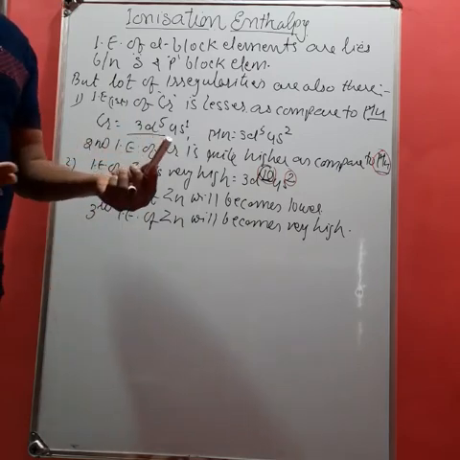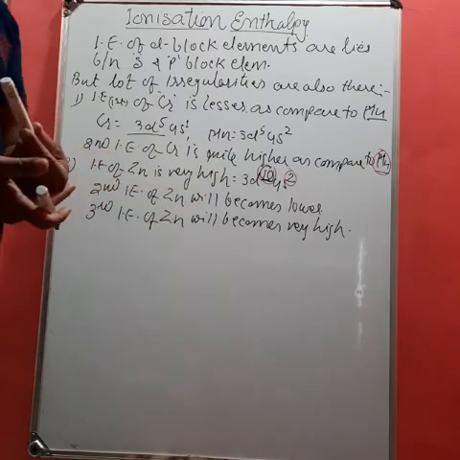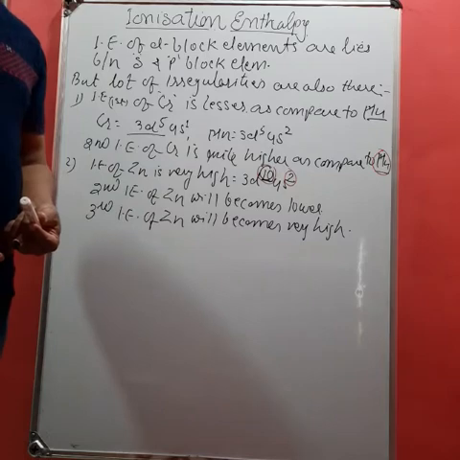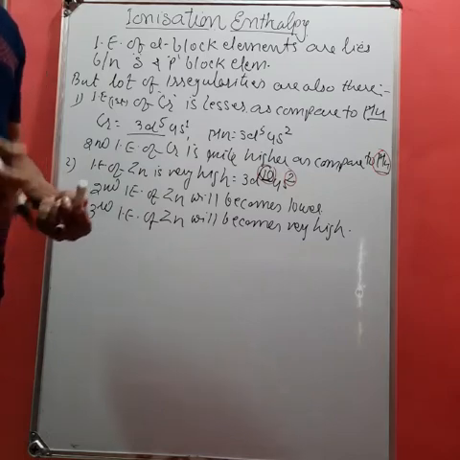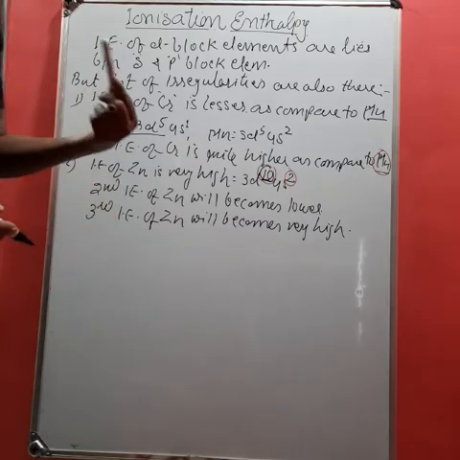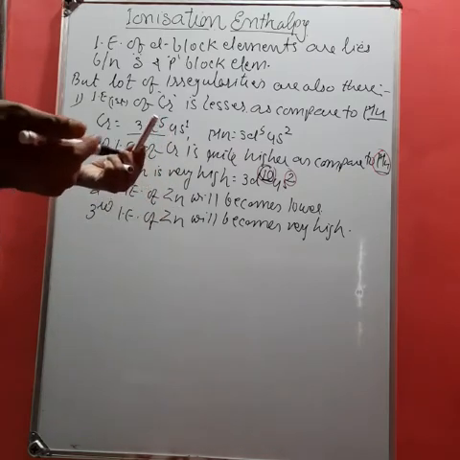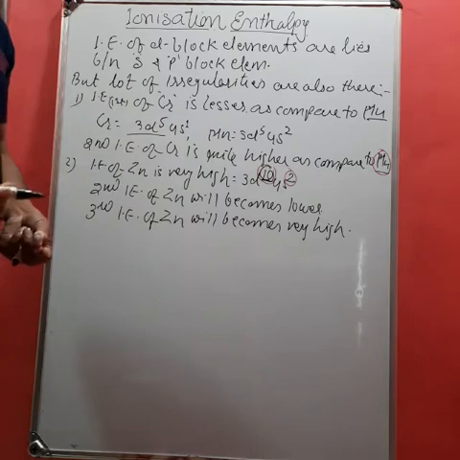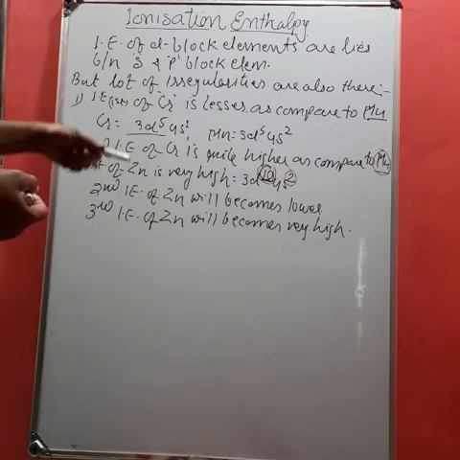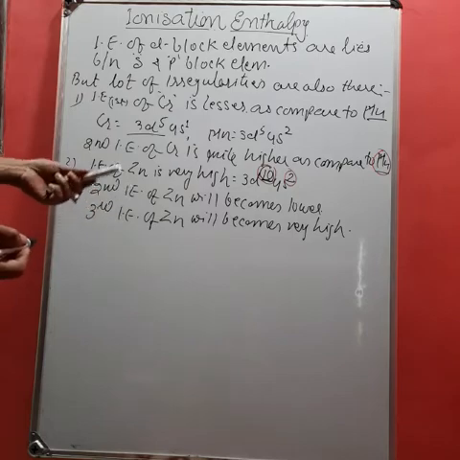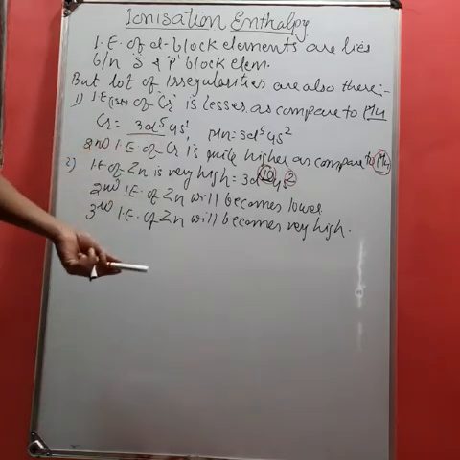And thus the exchange energy accompanying the ionization energy, the difference of this energy, gets released, and thus sometimes the species acquire noble gas electronic configuration. So this type of trend you will observe in the case of ionization enthalpy.